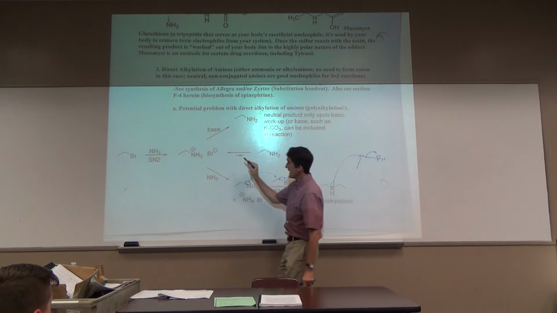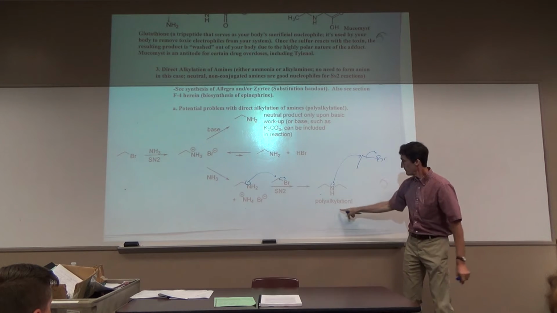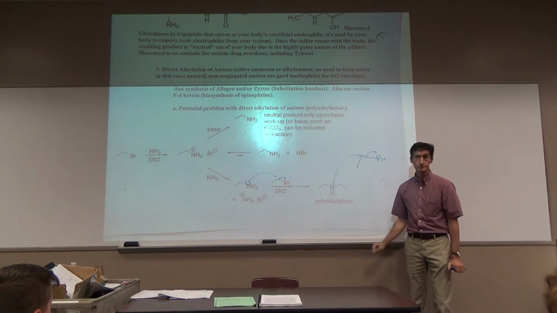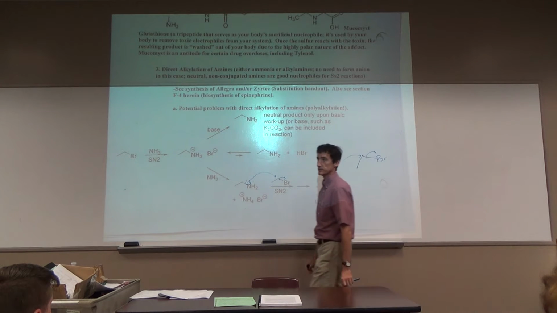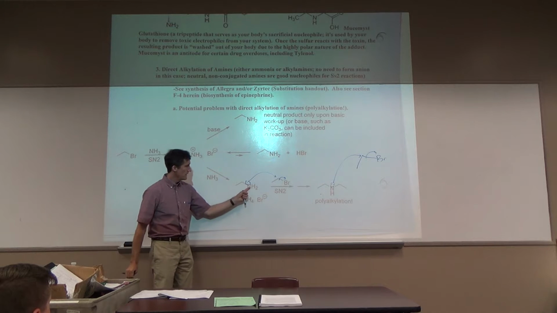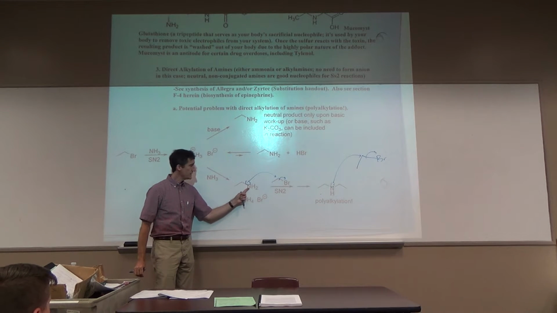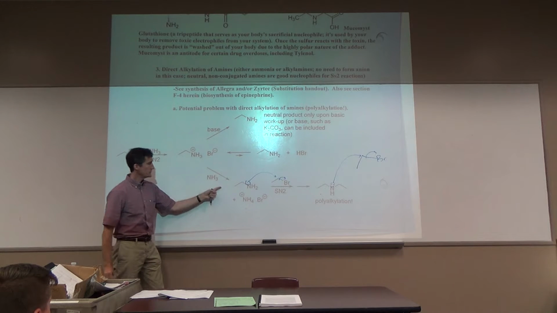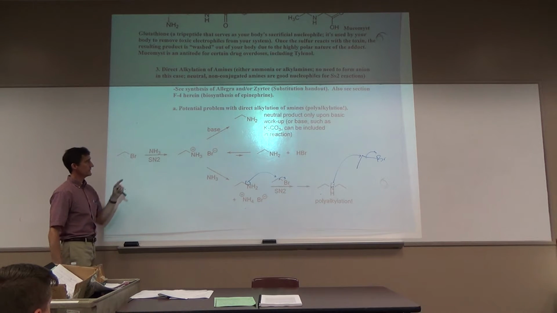Even though you're trying to just put one alkyl group on, you can end up with multiple, or polyalkylation. This is a typical problem with nitrogens, because in the neutral form, they're good nucleophiles, and so they react again. How do you get it in the neutral form? Well, I showed you. Not from the Br minus taking it, but the ammonia can.